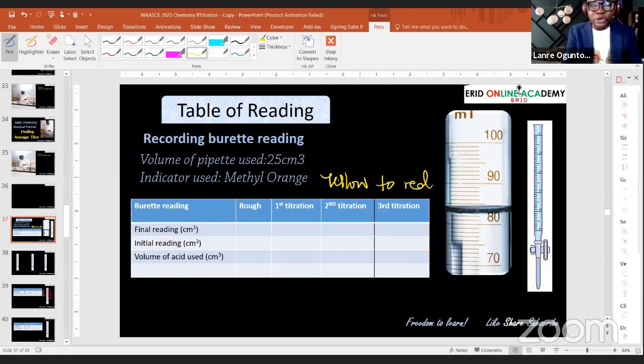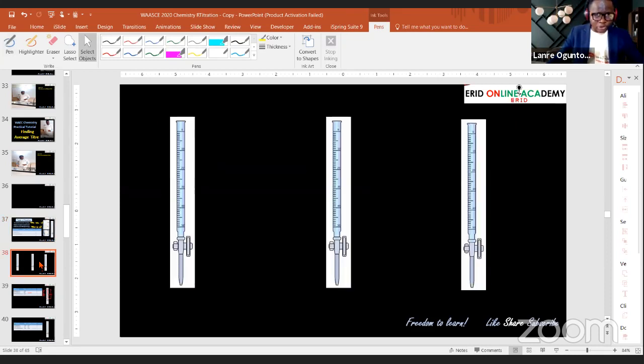Methyl orange is yellow in base, yellow in neutral, and orange-red in acid. If it's becoming too red, dark red, that means you have added excess acid. From yellow to red, that will be around orange, and that's when you stop your titration. It's very important that you note all that.